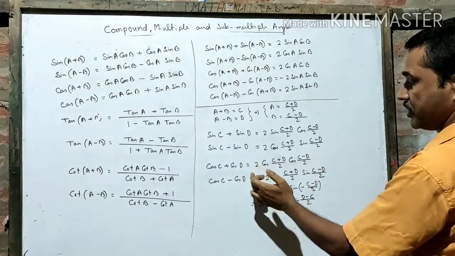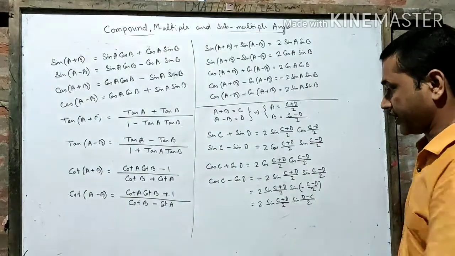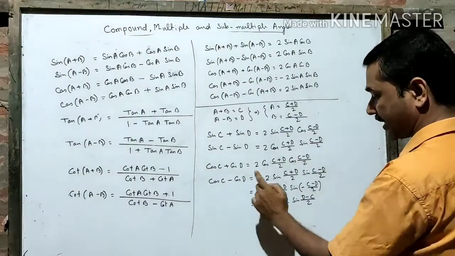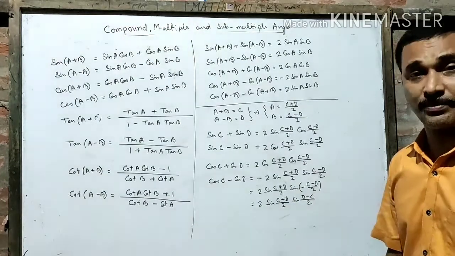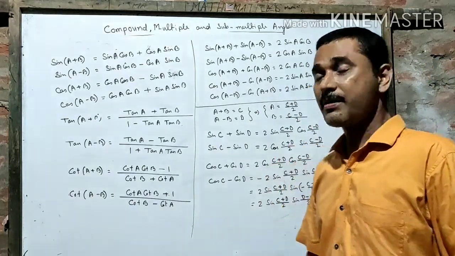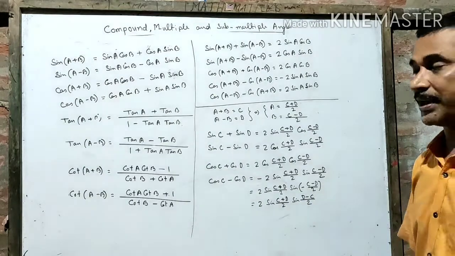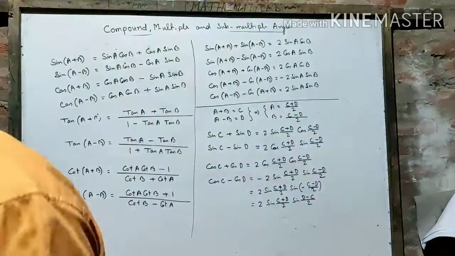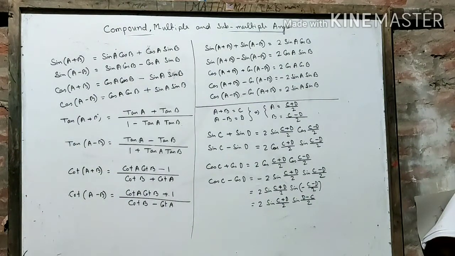Cos C plus cos D, 2 cos (C plus D)/2 into cos (C minus D)/2, cos cos. Cos C minus cos D, 2 sin (C plus D)/2 into sin (D minus C)/2. Cos is always problematic. Here it is not (C minus D)/2, it is (D minus C)/2. Remember that. So you have to note all these formulae.